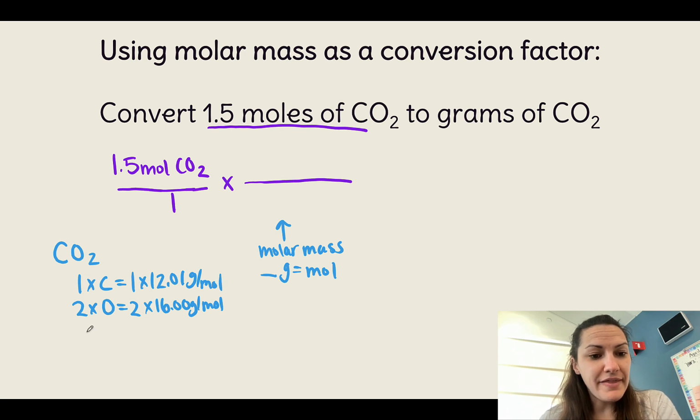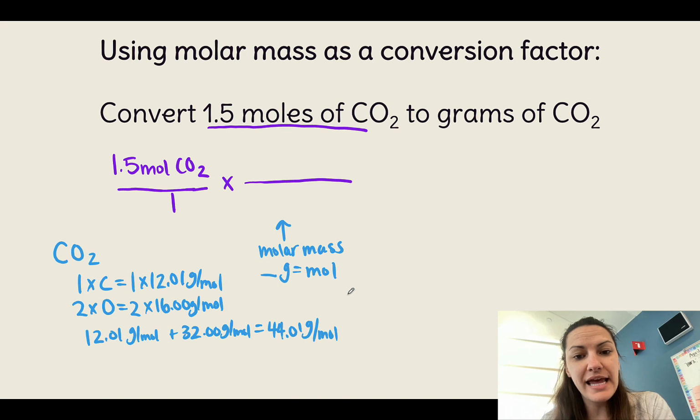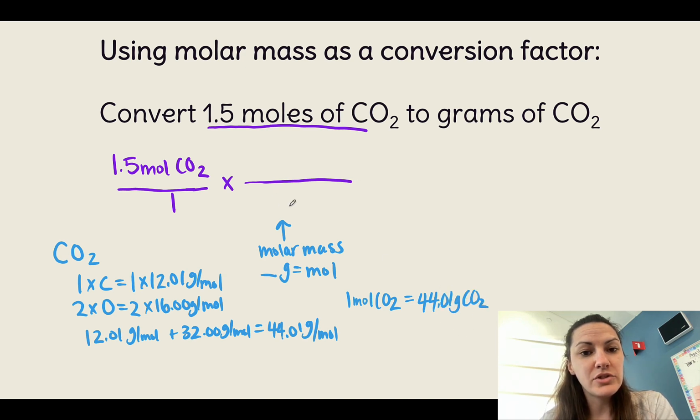When I simplify that, I have 12.01 grams per mole plus 32.00 grams per mole, and I get a total of 44.01 grams per mole. Remember that that is like saying in 1 mole of CO2, there are 44.01 grams of CO2. So that's what's going to be put in this fraction right here.